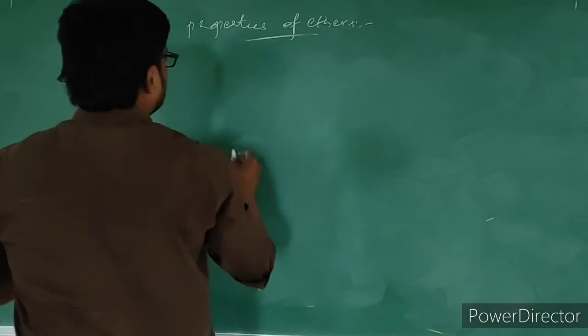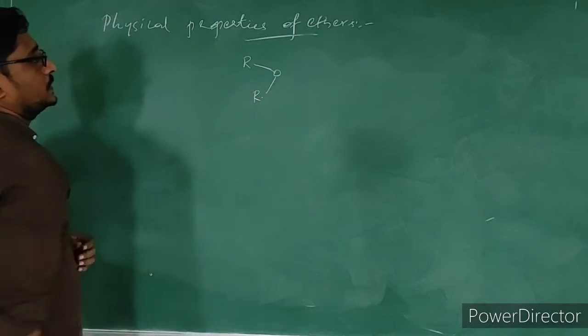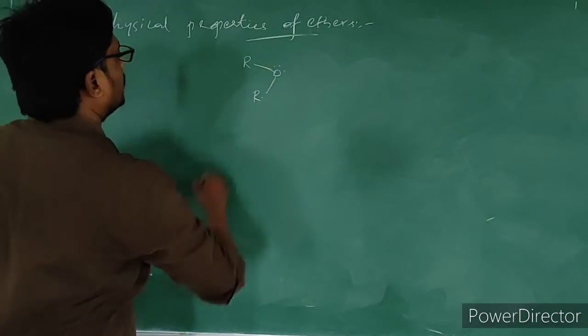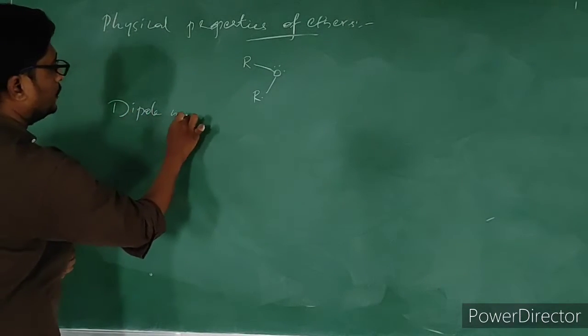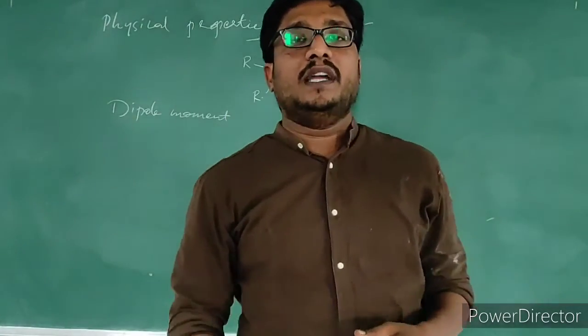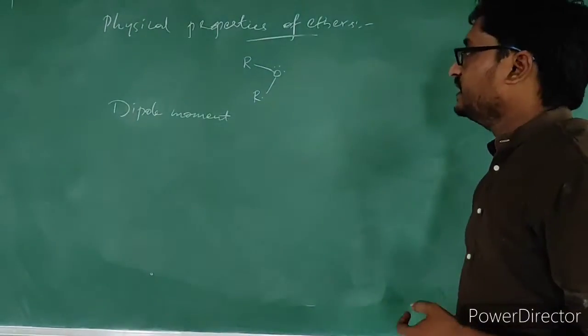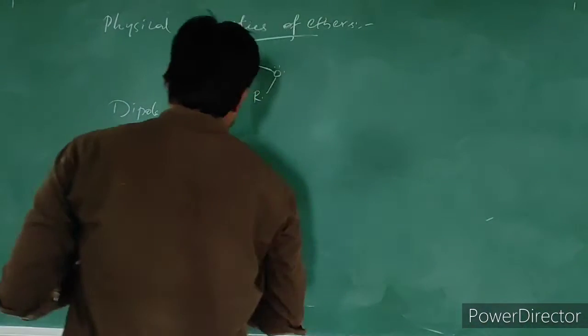So this is nothing but an ether. If you see the dipole moment, ethers will have dipole moment value. Why will ethers have dipole moment value? The reason is the electronegativity difference between carbon and oxygen. For example, if we are considering methoxymethane, here carbon is less electronegative than oxygen.